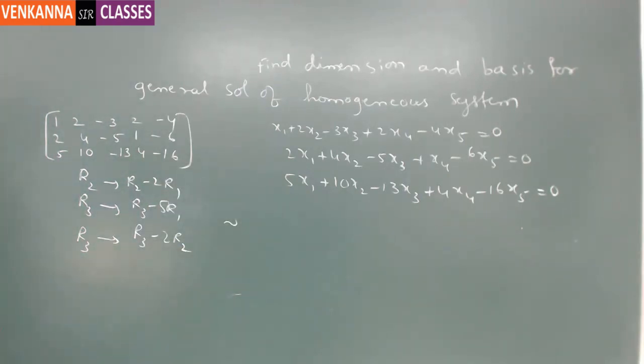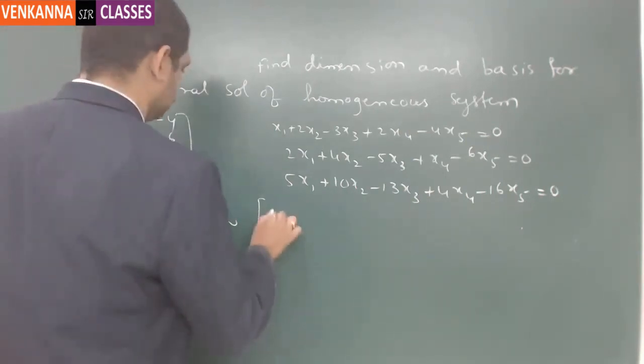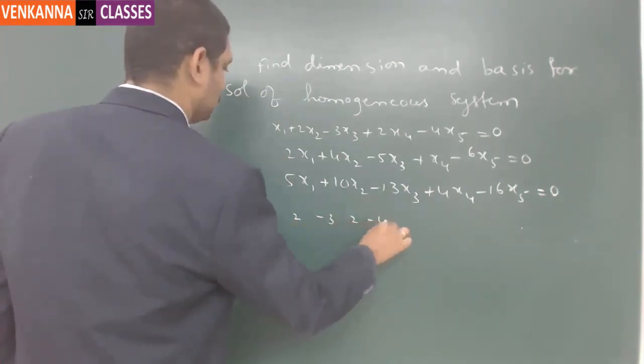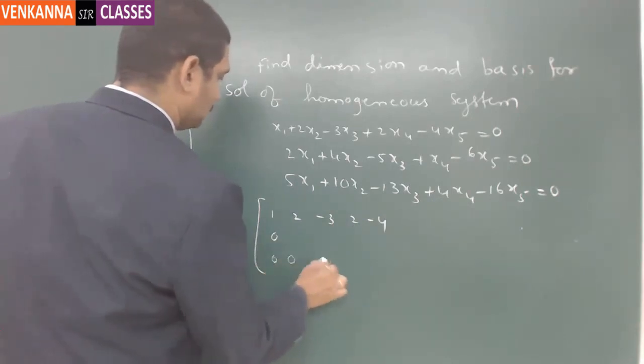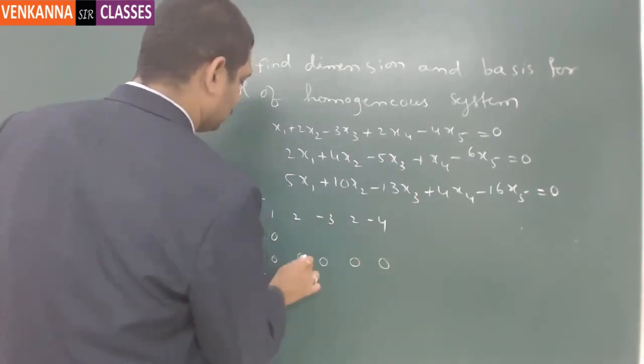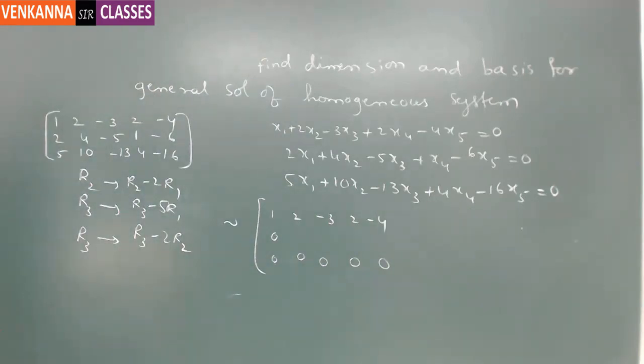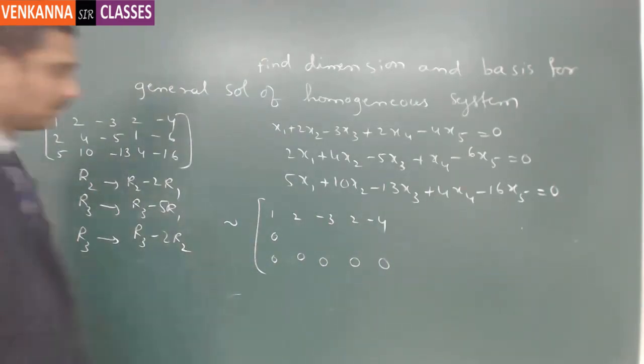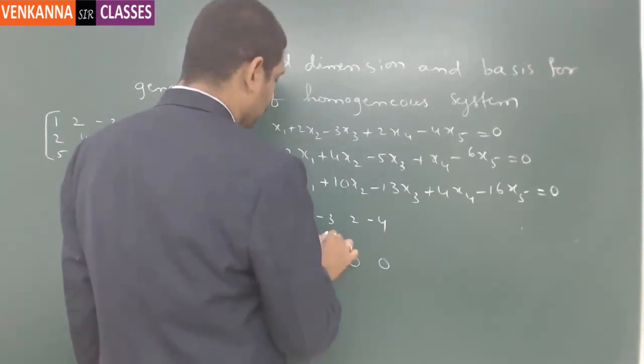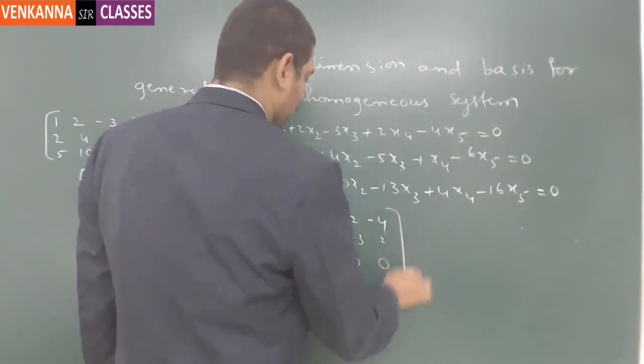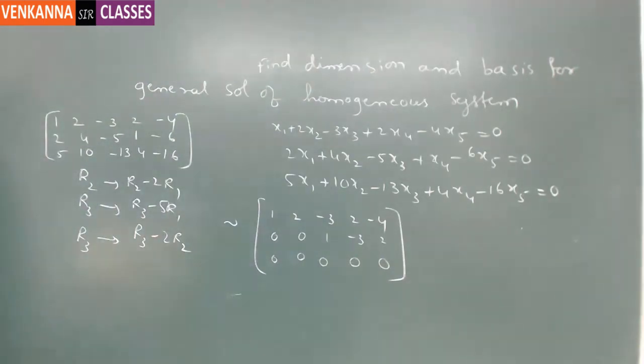Then it will be equivalent to the form as, so from this, if you observe that the rank of the matrix is 2, you can check for the row operations, that would be the possible result.